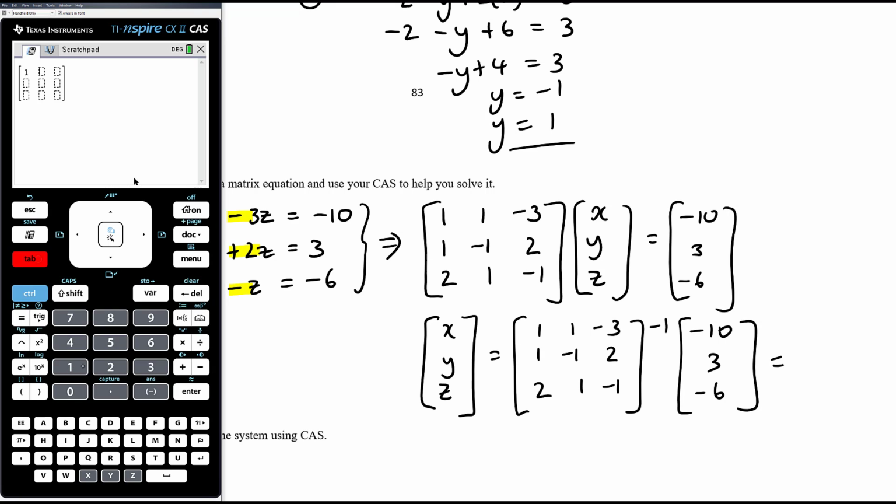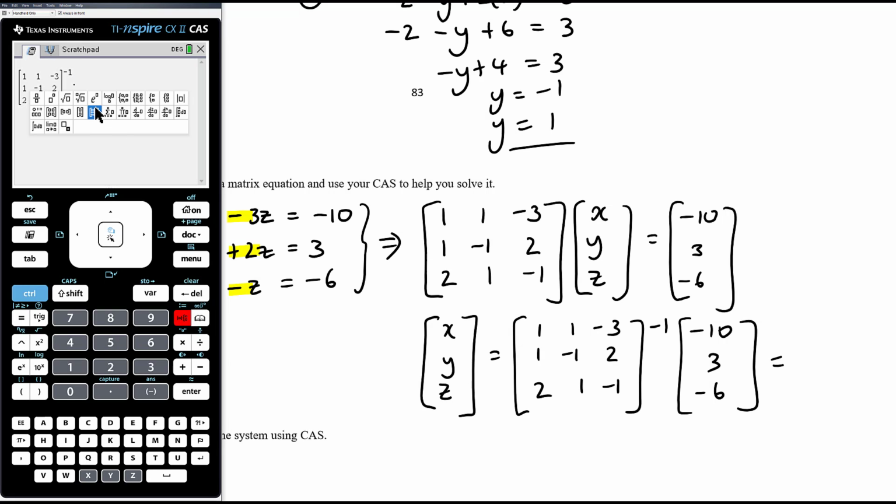And I'm going to have 1, 1, negative 3. I'm just pressing tab to go between those various boxes. 1, negative 1, 2, and 2, 1, negative 1. And we're doing the inverse of that, and then we are multiplying by a 3 by 1 matrix.